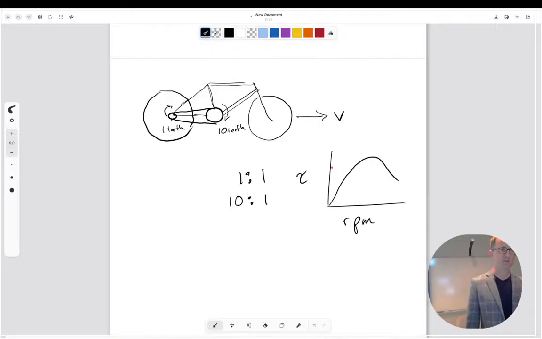If your wheels were spinning at 3,000 rotations per minute, you'd be going very fast. So usually it's geared down by a lot. Rather than a 10 to 1, I think it's like a 1 to 10 or 1 to 20.